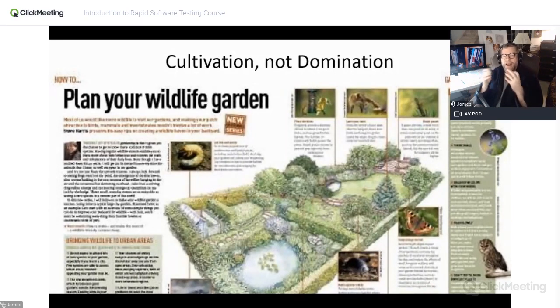You're trying to create a habitat that brings living creatures in, and they live and work together and I suppose eat each other. That really is how I try to teach. The approach that we take, both in teaching RST and in practicing RST, is a cultivation approach rather than a domination approach.